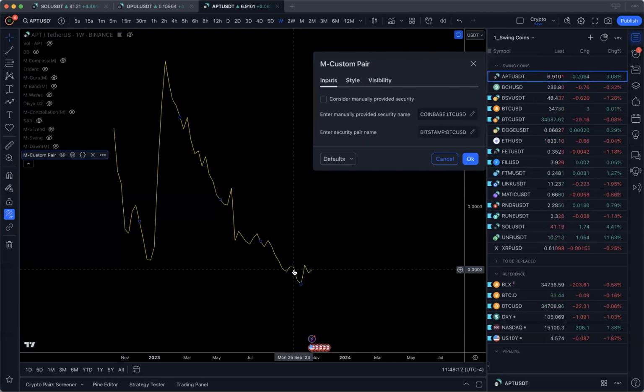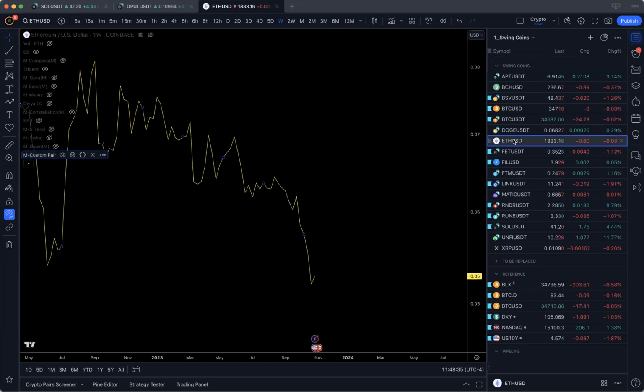But the idea is I don't have to add my BTC pair or ETH pair, SOL pair, or anything that you want. You can compare any coin versus any coin for relative strength, because we want to see the relative strength. So if I want to say who is doing better, Ethereum or SOL, for an example.